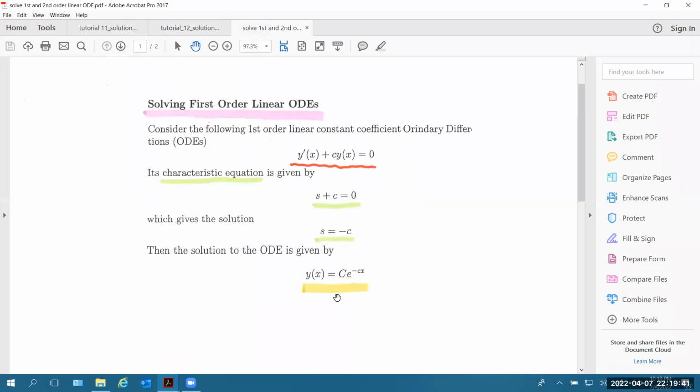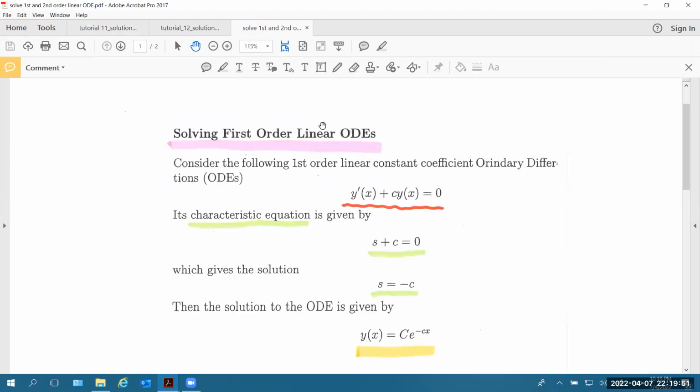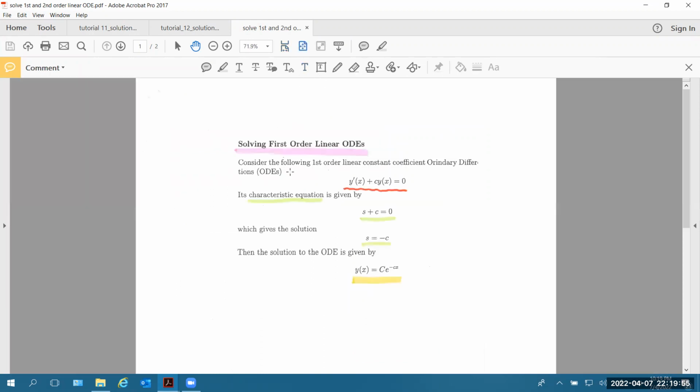Okay, everyone can see this? Oh, this one is first order. So this one is a first order equation. Solving first order equation. Just now you asked me whether that one is a second order equation. Actually, just now we also had solving first order, right?